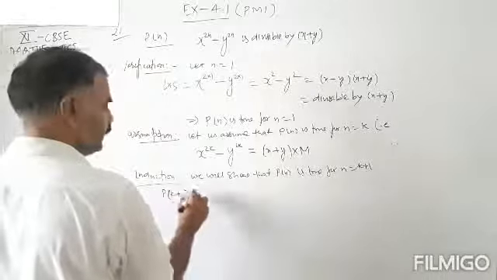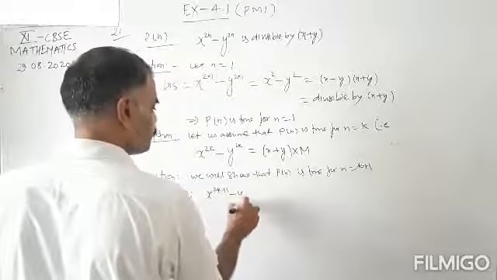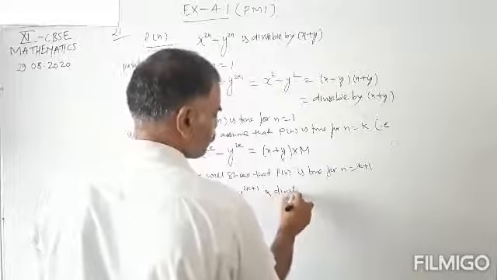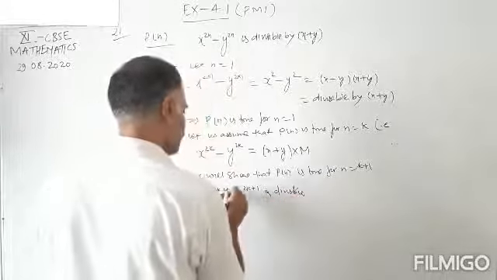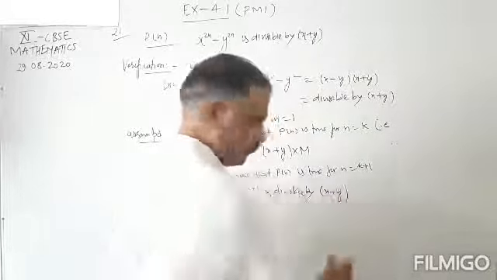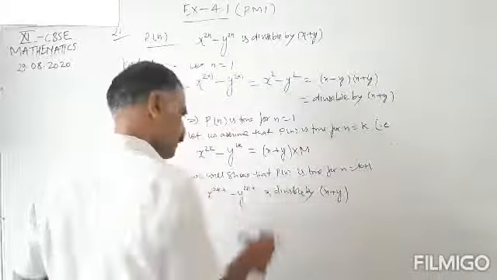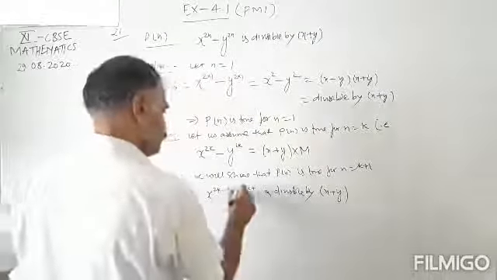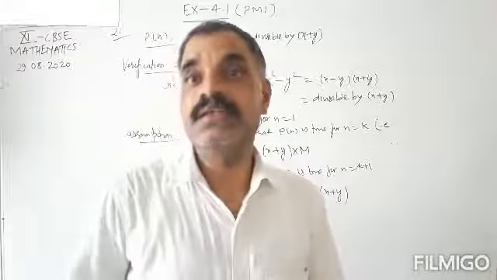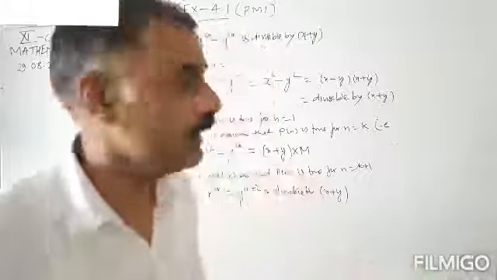The statement is x to the power 2k plus 2 minus y to the power 2k plus 2 is divisible by x plus y. This is the induction step.